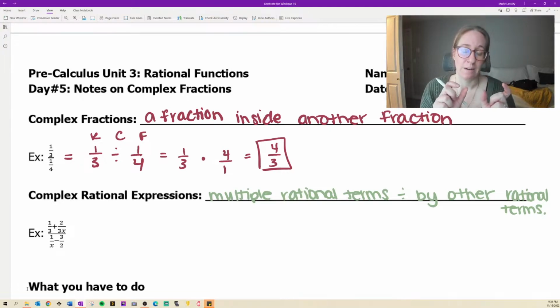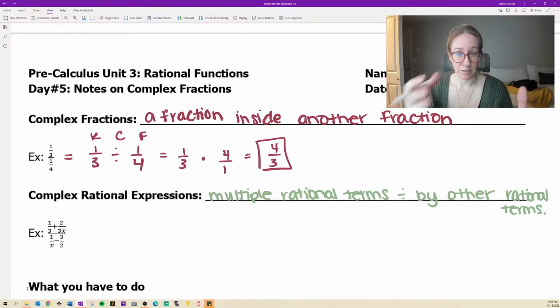All right, so in this example that we have right here, 1/3 would be a term, and then 2 over 3x would be another term. All right, so we are going to handle this essentially the same way. So we're going to start by separating this out into something divided by something else, just like we did with the fraction.